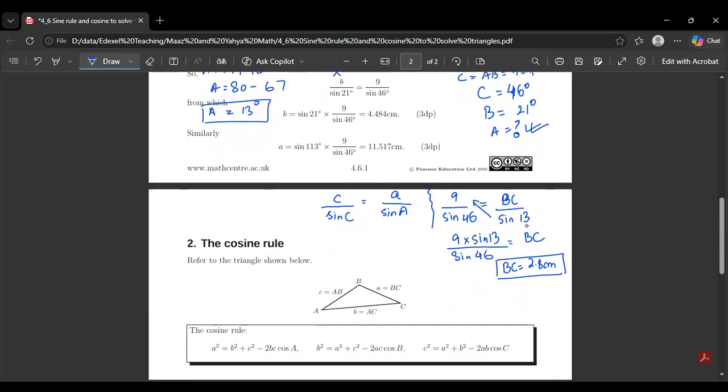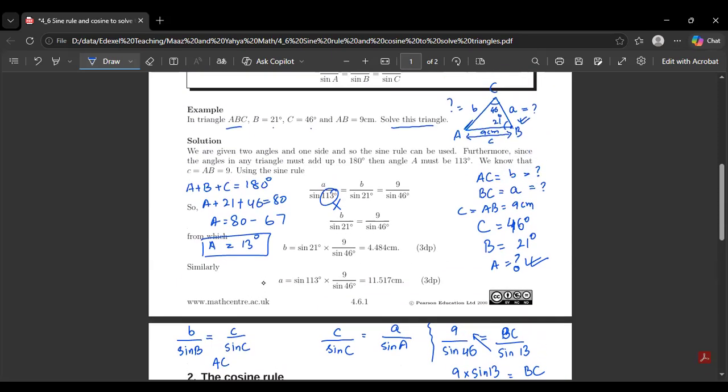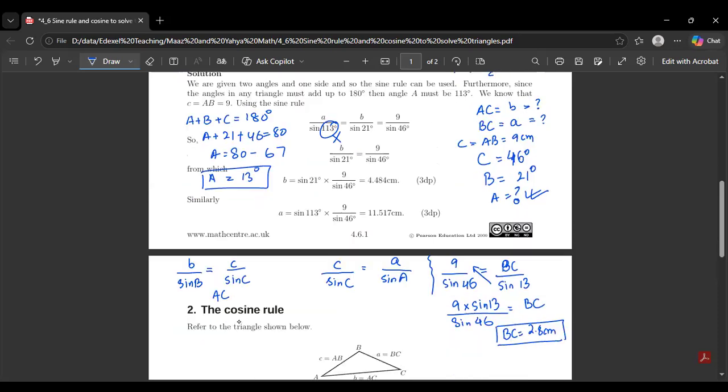AC is going to be b, and then I'll divide this b by sine B. And then I can use any one of the fractions: either a by sine A, or c by sine C. So I'm going to use the same thing, c by sine C here. Now b is unknown, which is AC. In the triangle, you can see here, we have called this b as AC, right?